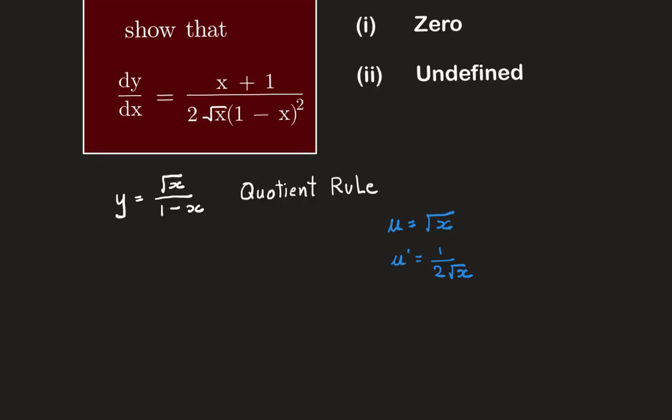Differentiating root x is usually done so commonly that I remember that it is 1 over 2 root x. But if you wanted to know how to do this, first of all, change root x into power of the half.